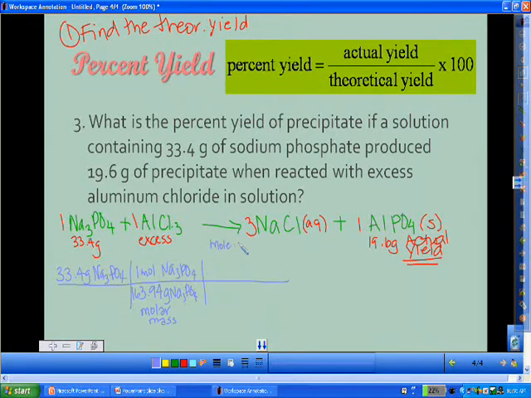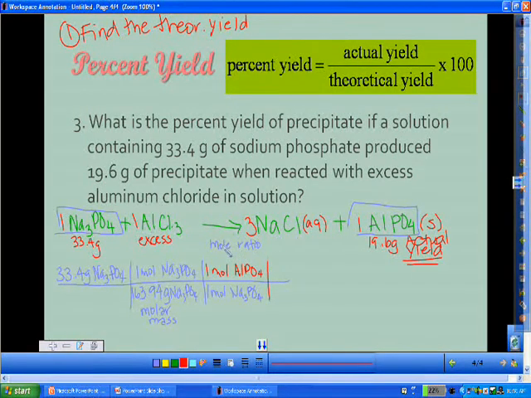Now we need to use the mole ratio, and remember the mole ratio is coming from the balanced equation. We're comparing moles of sodium phosphate to moles of aluminum phosphate. So you have 1 mole of sodium phosphate to every 1 mole of aluminum phosphate.